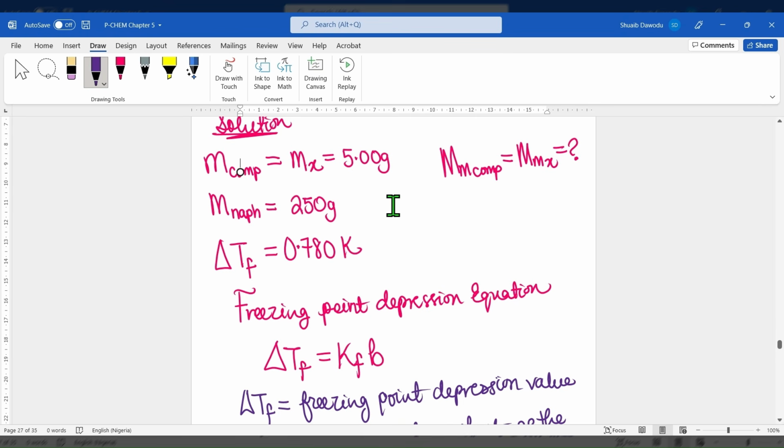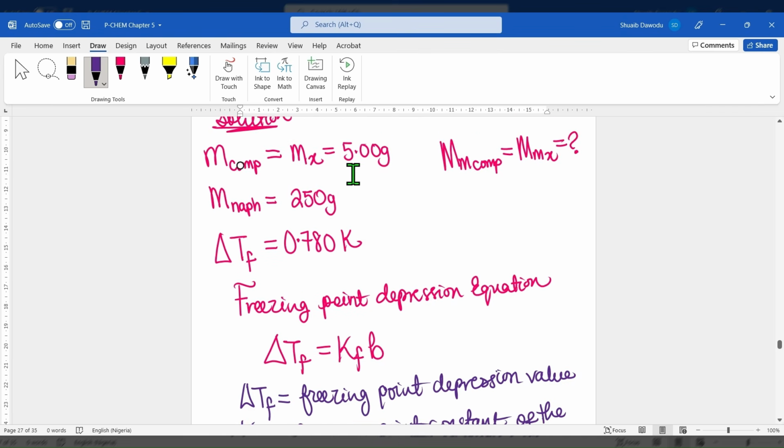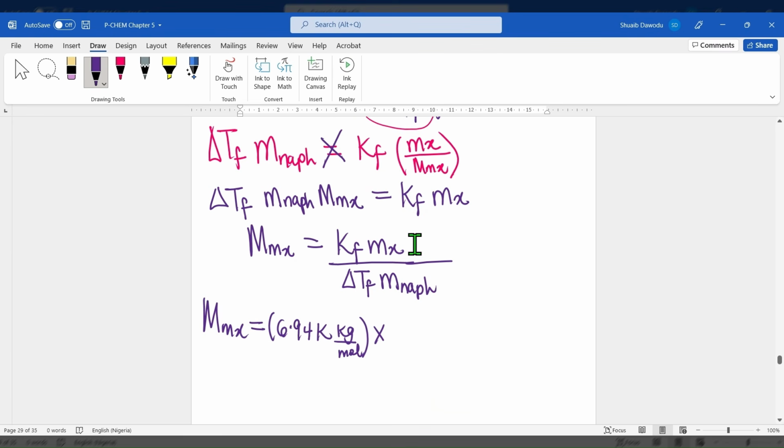I intend to put it in kilograms because I want to make sure all of our units are in kilograms, since we need the mass of the solvent, naphthalene, to be in kilograms, and we already have the Kf value in Kelvin kilogram per mole. So I'm going to change this from 5 grams to kilograms. I don't have to show that. It's just 5 divided by 1000, or 5 times 10 raised to the power of negative 3 kilograms.